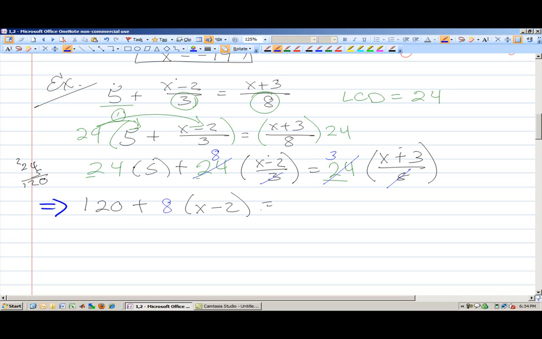Just go ahead and write it out so that you're sure you got it right. 3 times x plus 3. Alright, so the next step is to distribute appropriately. And we've got 120 plus 8x minus 16 equals, the 3 distributes to get 3x plus 9.